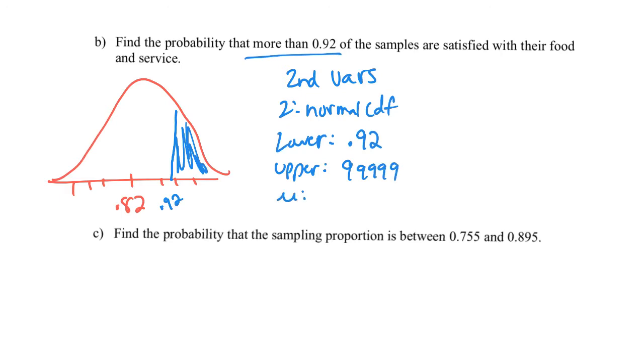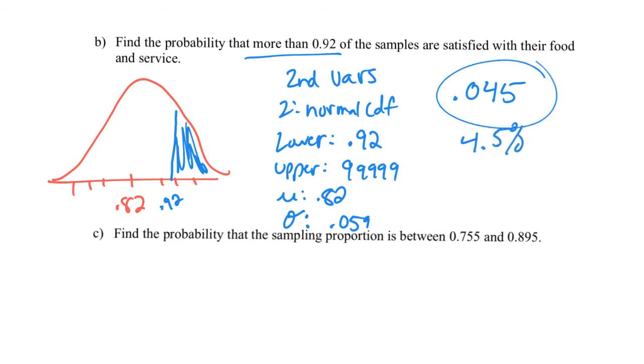Our mean is going to be 0.82, and our standard deviation is going to be 0.059. Then hit paste and hit enter again, and you should have 0.045, which is 4.5%. Either one I'll take.